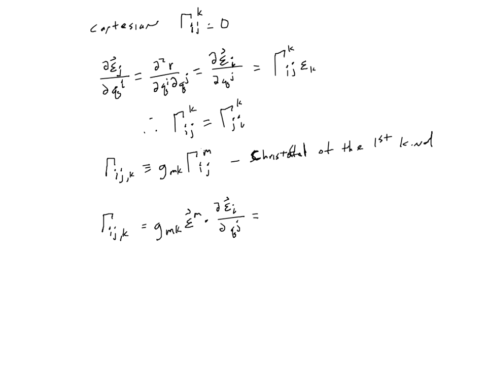And so what happens is, when I write it out like this, you can see that all this metric is doing is lowering the index here. So this is going to be epsilon k times partial epsilon i partial qj.